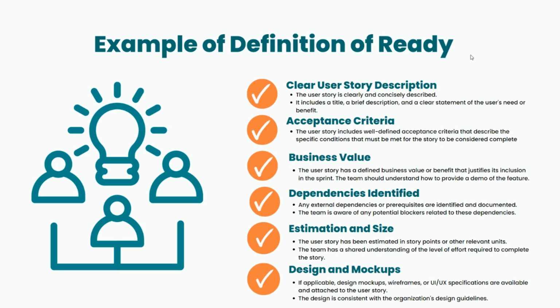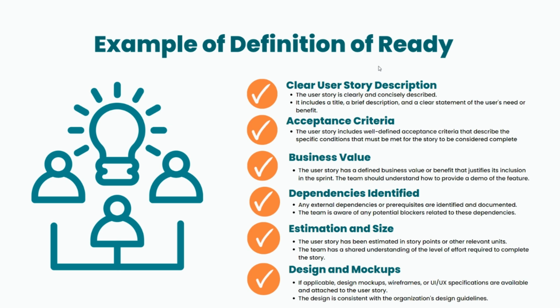But for software development, what can be the ideal definition of ready? That example is here. So if you are from the same industry, you can definitely refer to it for your practical use. So how definition of ready is set and implemented. Before we discuss these criteria one by one, let's understand this is the list, and at which stage this will be executed.